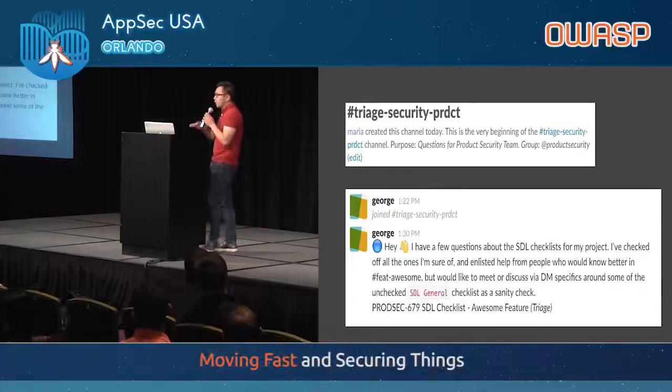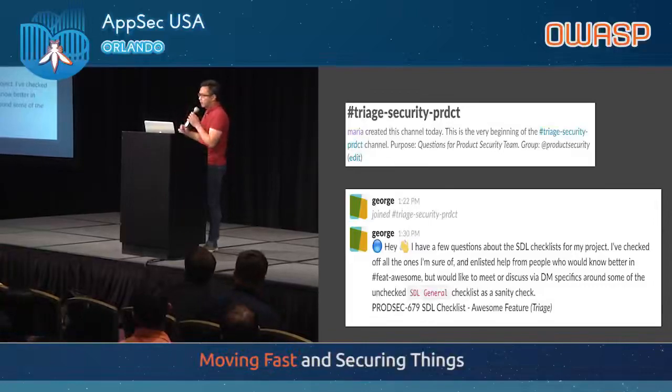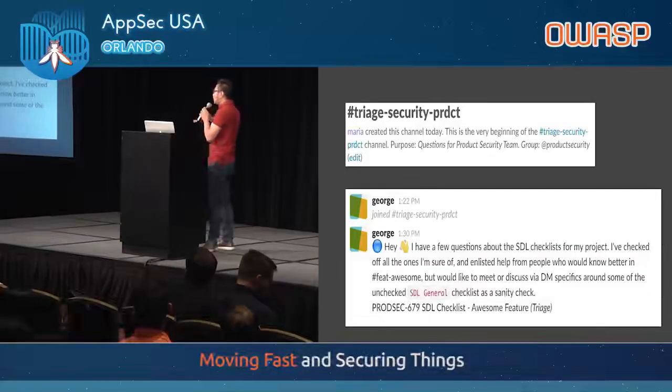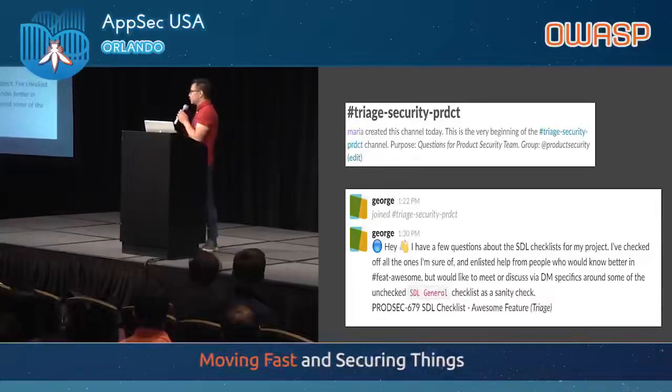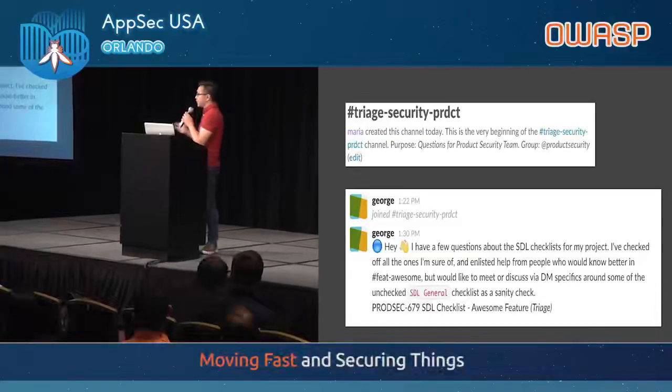But throughout our organization, we have multiple triage channels, and they have different purposes and are used by different teams. This one is specific for questions to the product security teams. Through all of these triage channels, we follow the same guideline: if we want to ask a question or request something from the teams, we start with the circle emoji.